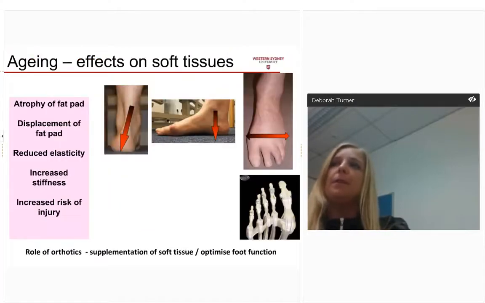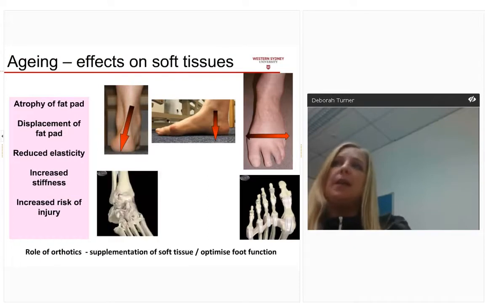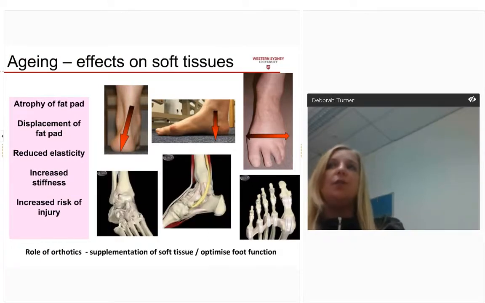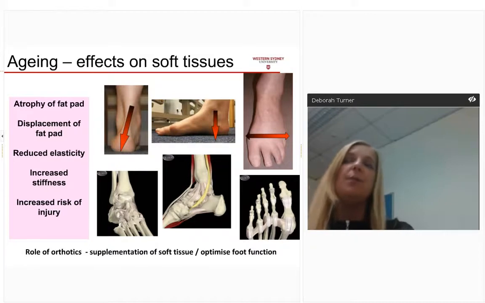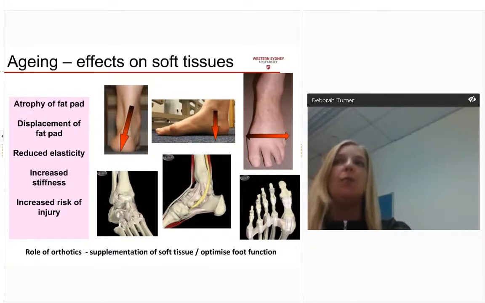When we consider the aging effect of soft tissues, generally we would tend to see atrophy of the fat pad, and this is most notable under the metatarsal heads. In combination with lesser toe deformities, often what we will see is not only will the fat pad become atrophied, but it will become displaced as well, and it will be pulled forward anteriorly and often sit around the webbing area.